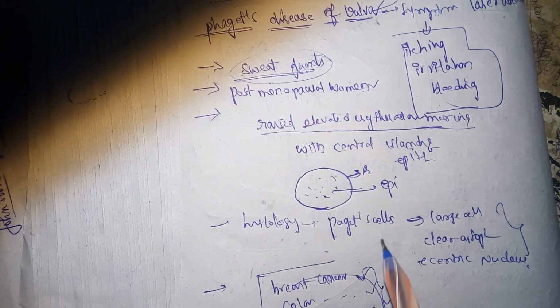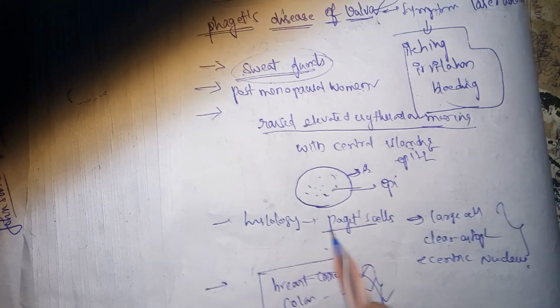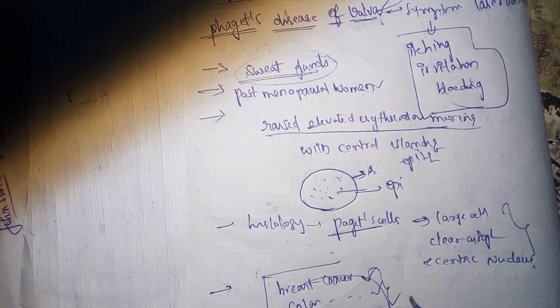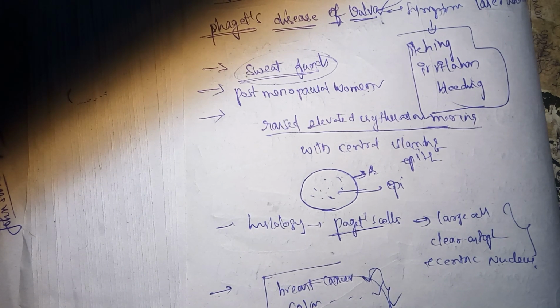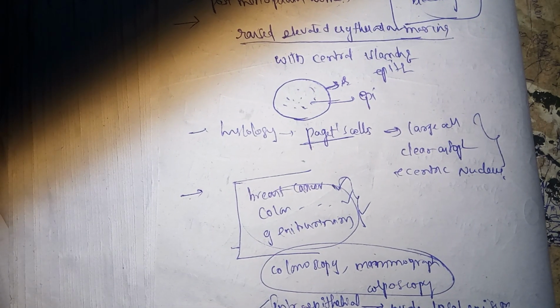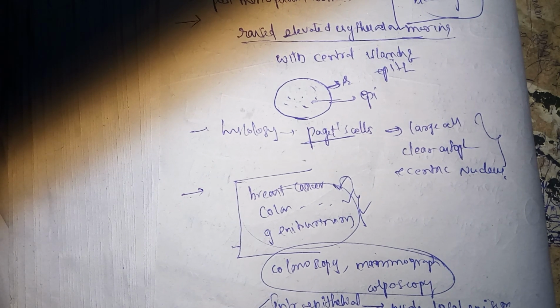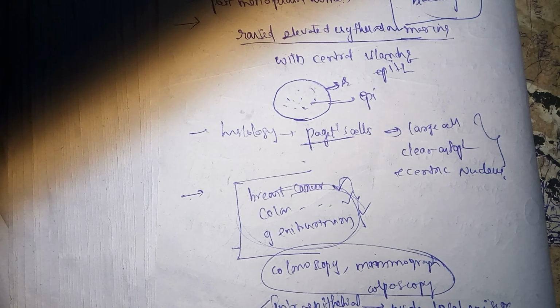Under histology, you will see Paget cells, which are large cells with clear cytoplasm and eccentric nucleus. This Paget disease is associated with breast cancer, colon cancer, and genitourinary cancers. So when a patient with Paget disease comes to you, you have to check for all these diseases.